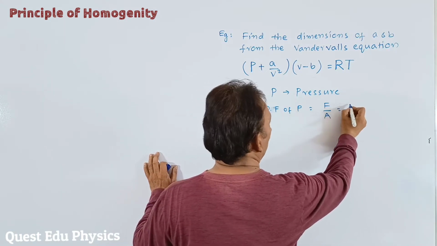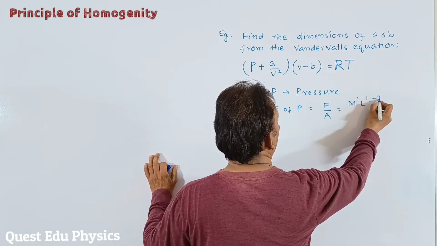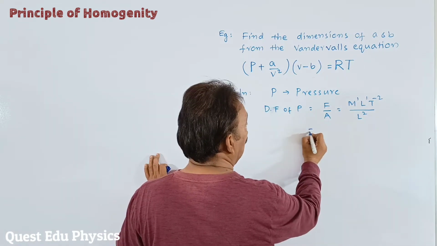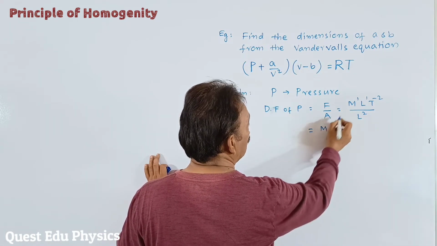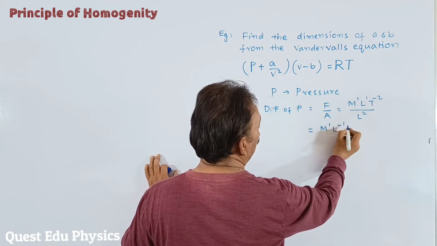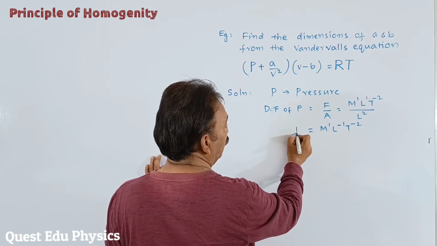The dimensional formula of force is M1, L1, T inverse 2, divided by L square. And we got the dimensional formula of pressure as M1, L inverse, T inverse 2, students.